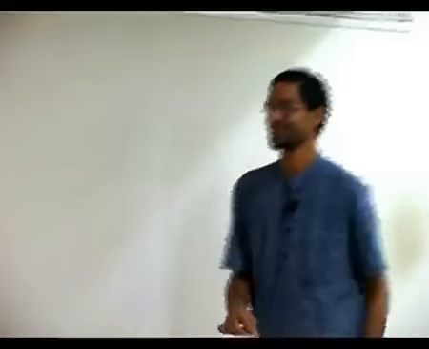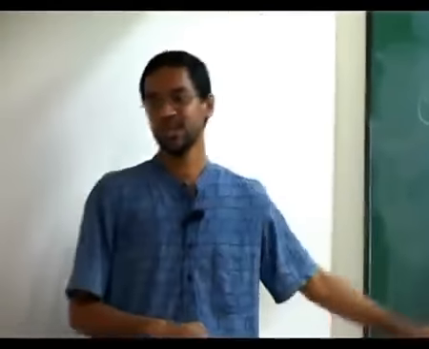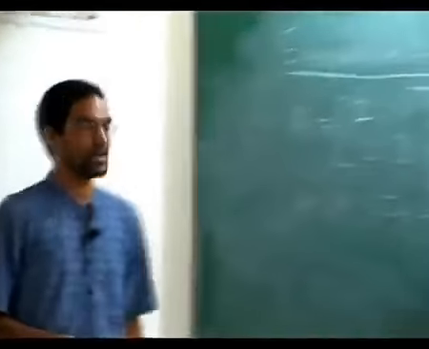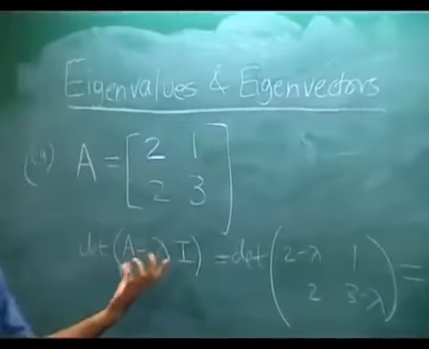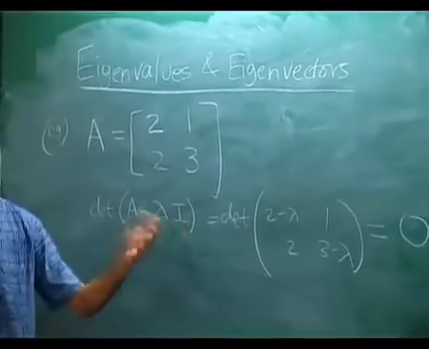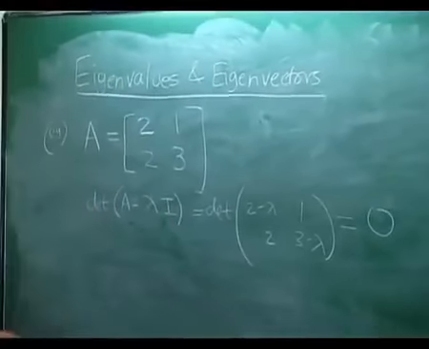It is singular. Yes, that's the word I was looking for. It's not invertible, right? So essentially your condition here is you're trying to find values of lambda which will make this singular, non-invertible, right? So that is the point.